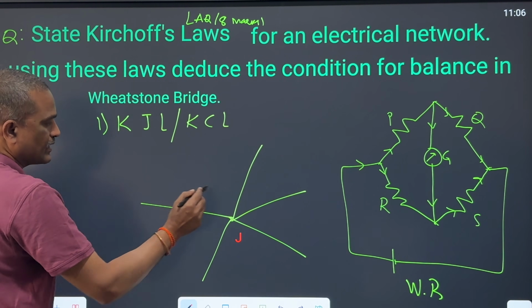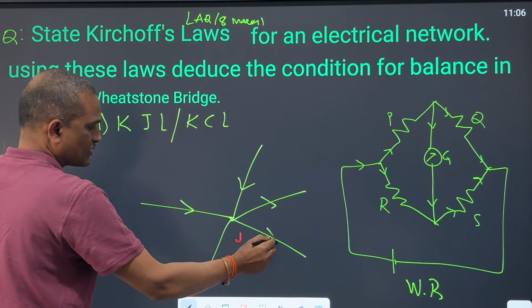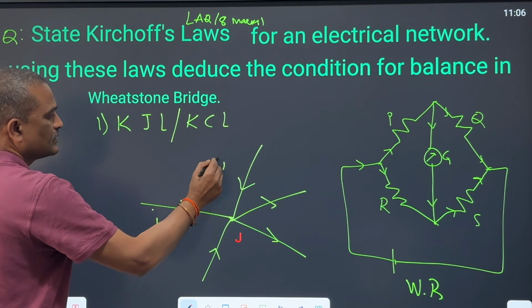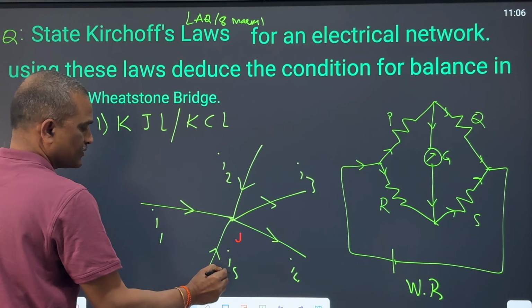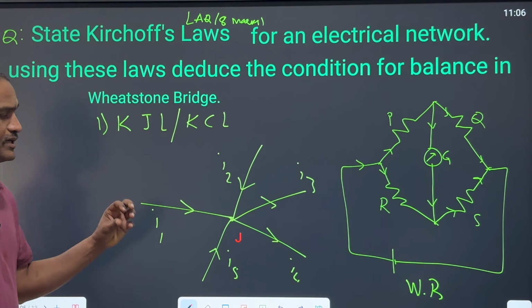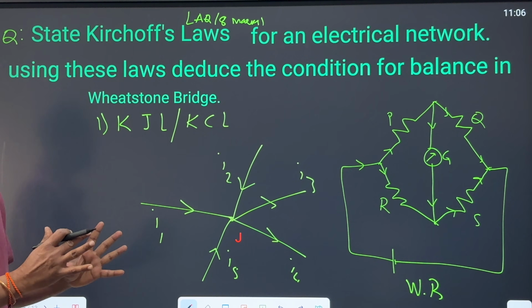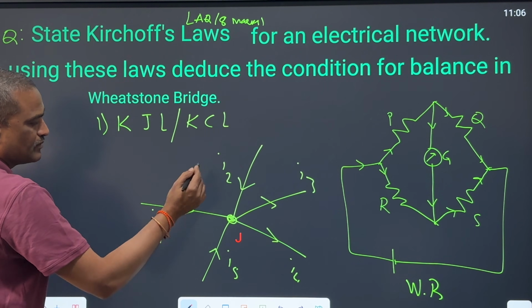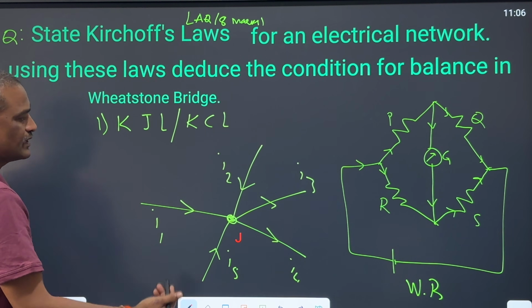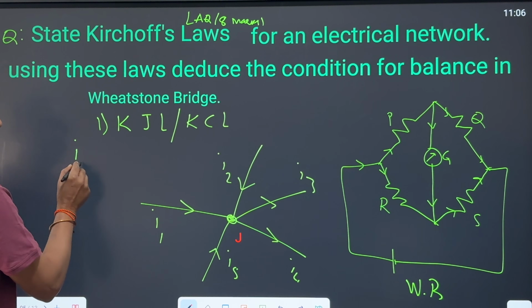Let us say a current is coming and few currents are going away. Let us say this is I1, this is I2, this is I3, and this is I4, and this is I5. At a given junction, the algebraic sum of all the currents is 0. That means the amount of current entering the junction must be equal to the amount of current leaving the junction. What are the incoming currents?